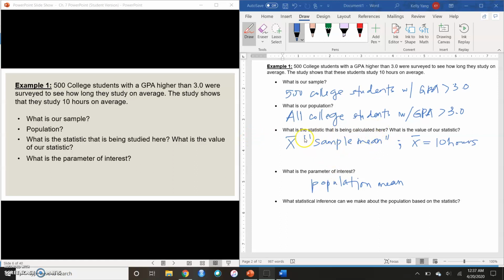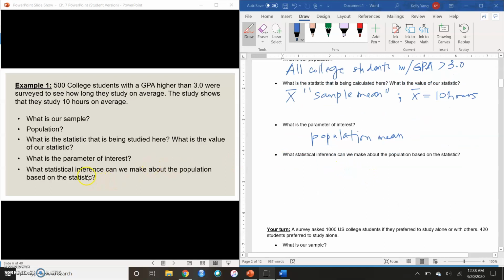We want to use the sample mean to make a conclusion about the population mean. Whenever the sample mean is being calculated, we're always looking at the population mean. If we're looking at the sample standard deviation, we're looking at the population standard deviation. If we're looking at the sample proportion, we're trying to make a conclusion about the population proportion in the future.